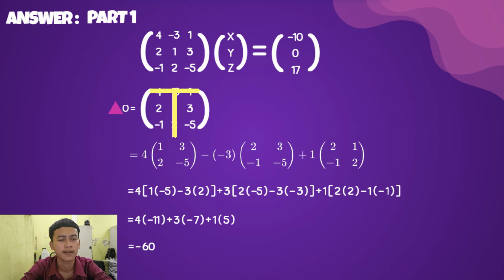So plus 1 in brackets, the determinant of 2, 1, negative 1, and 2. So the answer will be 4 multiplied by negative 11 in brackets plus 3 multiplied by negative 7 in brackets, and lastly plus 1 multiplied by 5 in brackets. So the final answer we will get is negative 60.